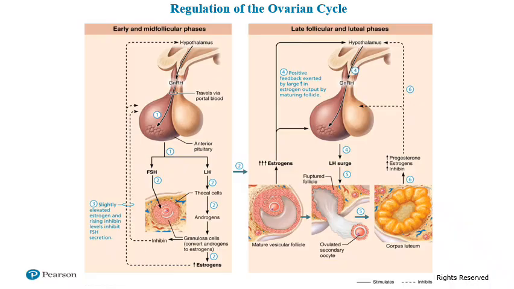So if the egg did not move on and continue its meiosis 2 division, then there's already a signal for the corpus luteum to stop its production of progesterone because there is no pregnancy.